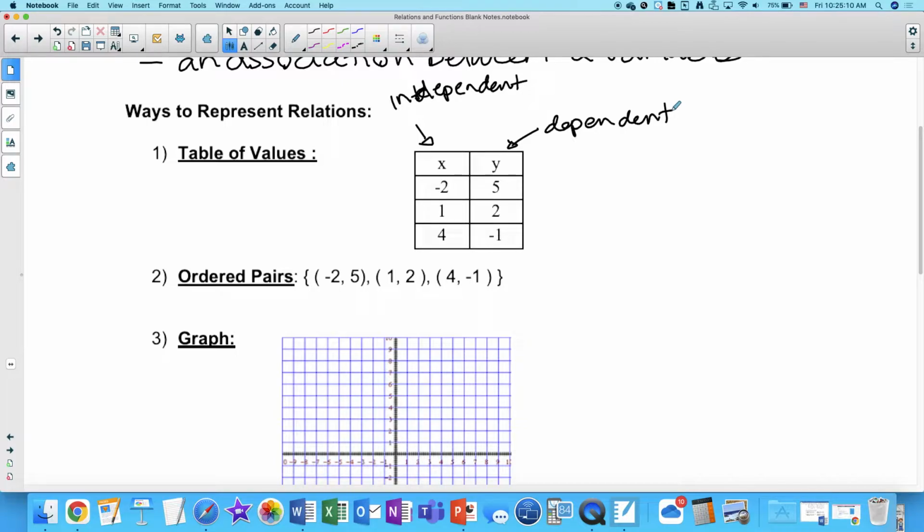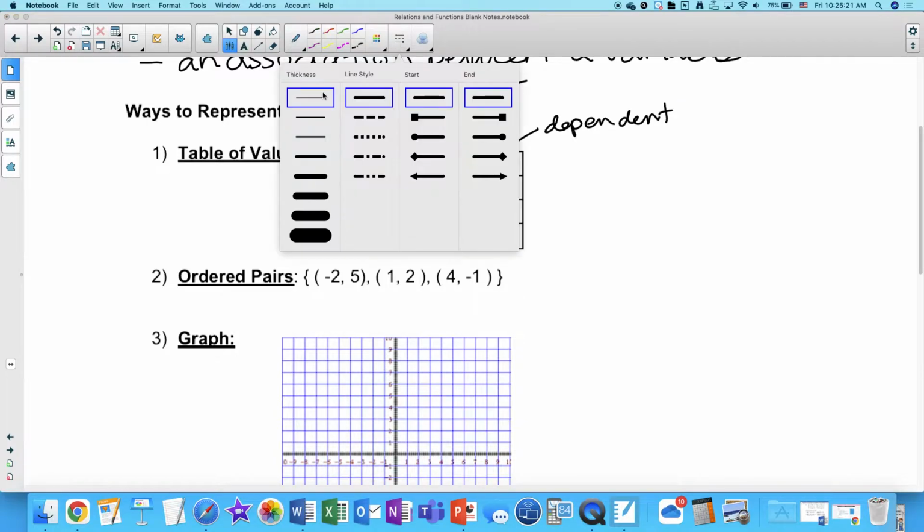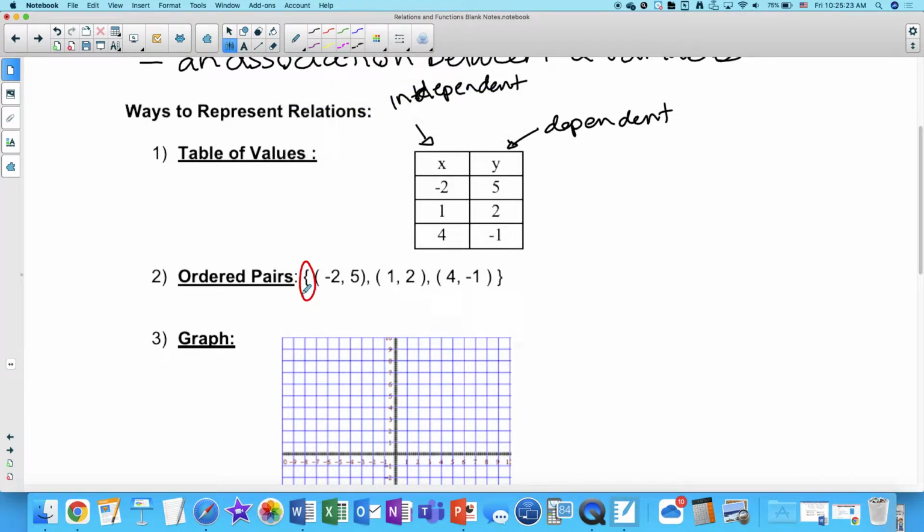We could also represent that as a set of ordered pairs. Okay, I know that you have seen ordered pairs before. These symbols here mean that this is a set of values. So if you want to show that all of these ordered pairs go together in one relation, then you need to put those curly brackets around your ordered pairs.